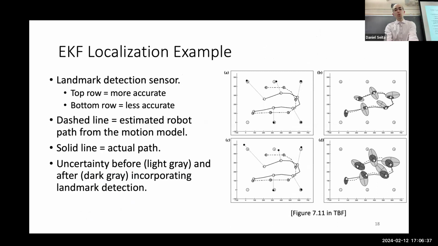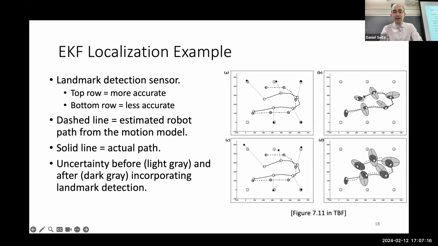Imagine you have a landmark detection sensor where you might have a more accurate sensor in the top row, and the bottom row has a less accurate sensor, where we also assume that the dashed line is an estimated robot path from the motion model while the solid line is the actual path. The dashed line and the solid line are the same in the two rows, so the only difference is how good the sensor model is.